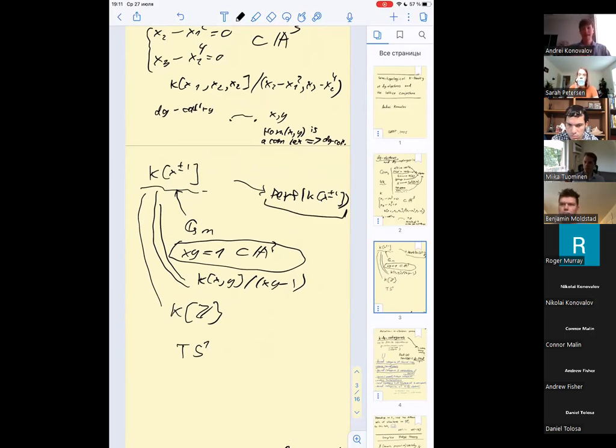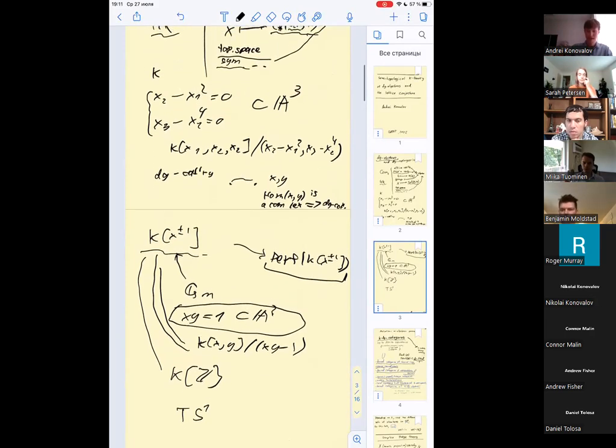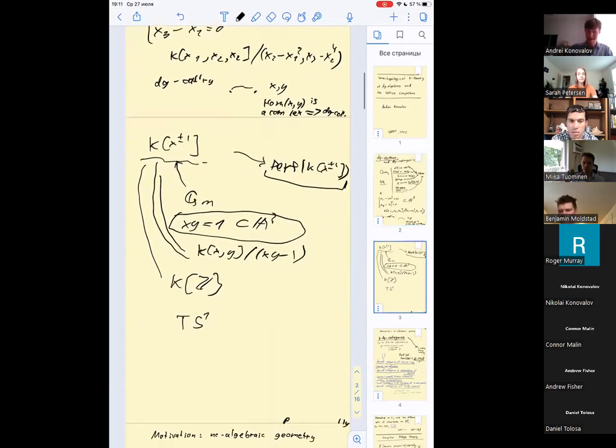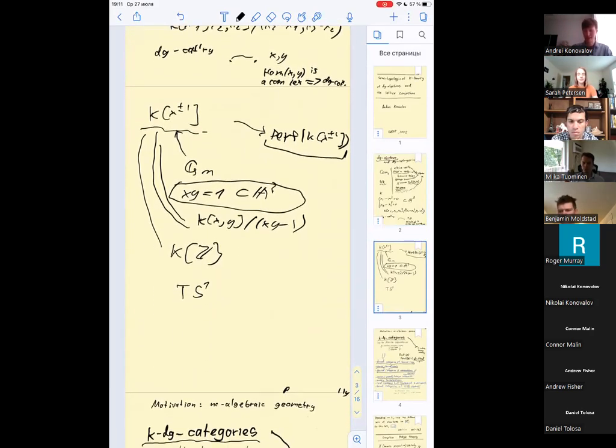So basically, you can get the same categories from different sources, and this could allow one to understand something about the algebraic variety, and to use this theory in order to understand something about the corresponding group or stuff like this. Anyway, sorry if it was a little bit, I don't know, too vague.